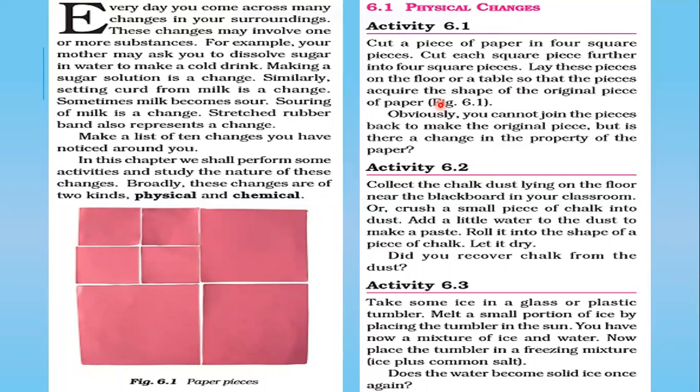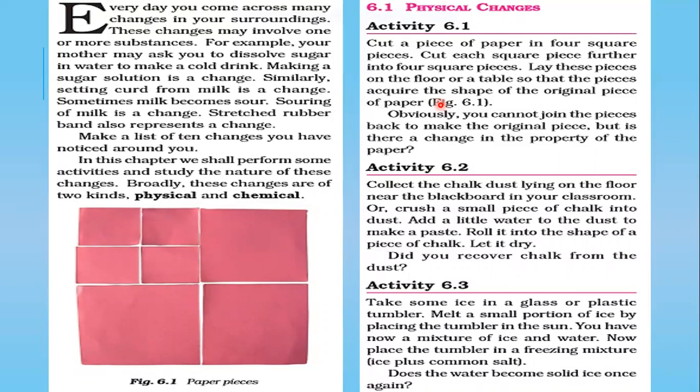Here, when you are making the paper pieces out of the large sheet, the paper is undergoing change in size and shape, right? You have taken the larger sheet, when you are cutting it down, the shape of the paper changes and also the size of the paper changes. That means here the paper undergoes change in size and shape.